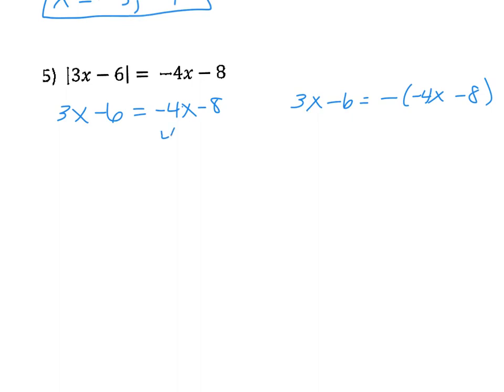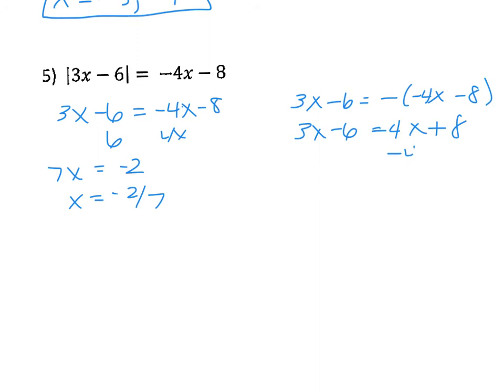So I'm going to add the 4x and add the 6. So I get 7x equals -2. X is -2/7. Now I'm going to distribute, so 3x minus 6 equals 4x plus 8. Subtract the 4x and then add 6. So I get -x equals 14. X is -14 or -2/7.